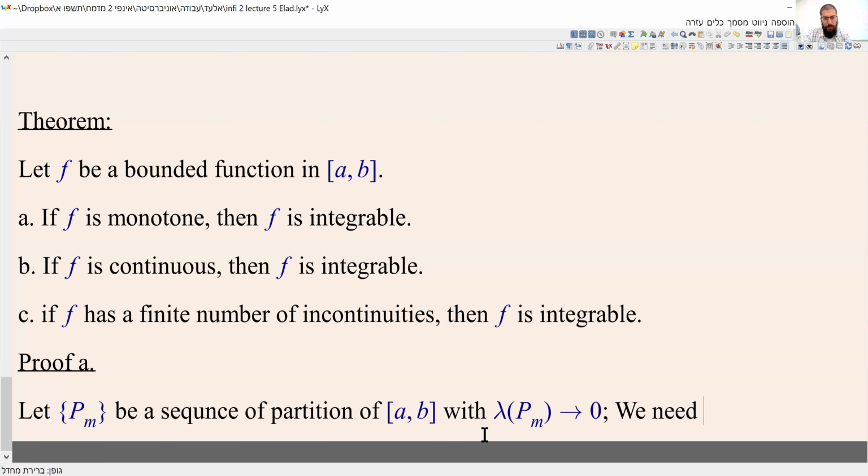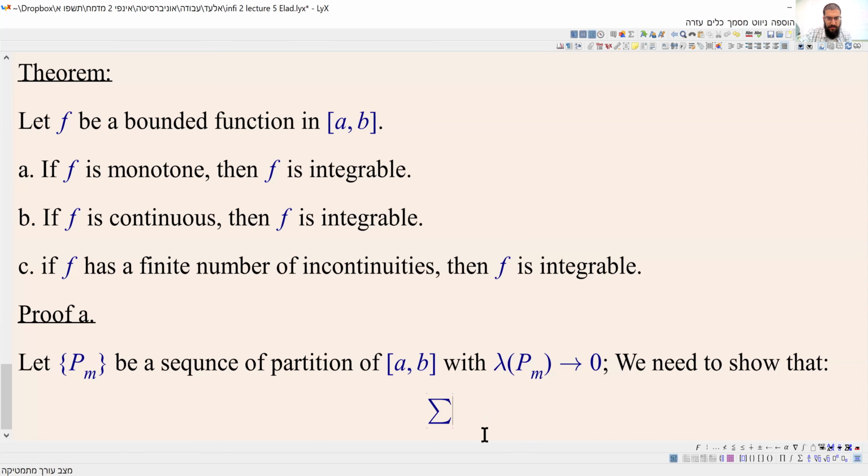We need to show that the sum of omega_i delta x_i tends to 0 as m goes to infinity. As we mentioned today, and we explained on Sunday, it is equivalent to integrability.